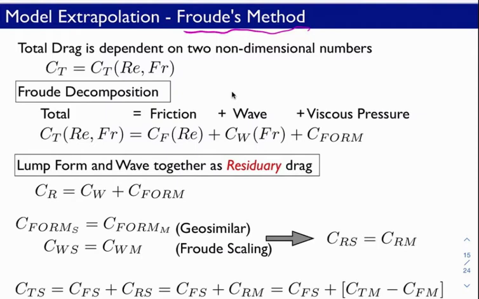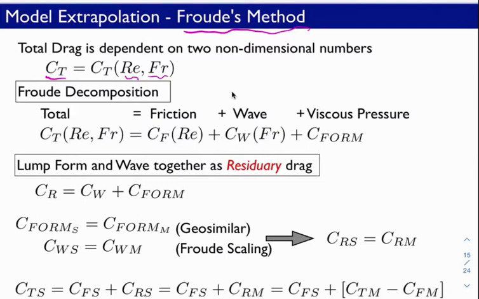So if we look back at our similarity solutions, we found that the total resistance coefficient of a vessel for the problem we're looking at, which is steady state, quiescent sea, is a function really of two numbers. We added some additional numbers like the Weber number, which dealt with surface tension, and the cavitation number, but the dependency on those is very weak.